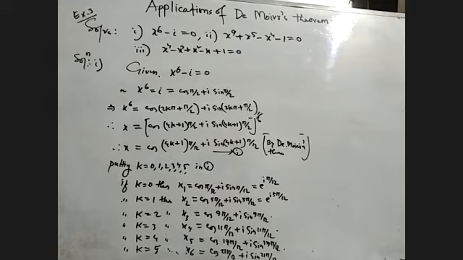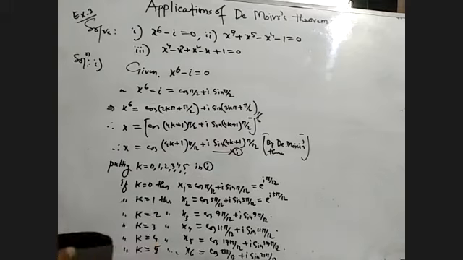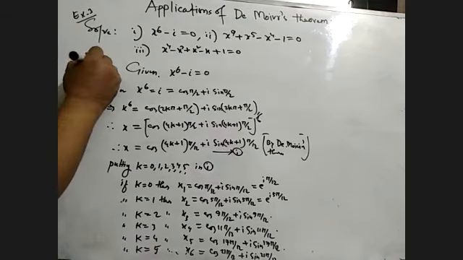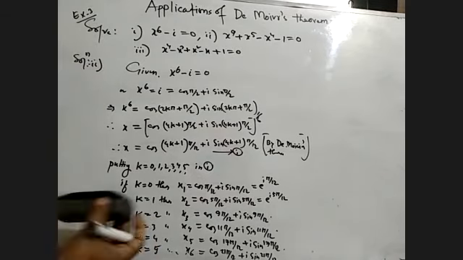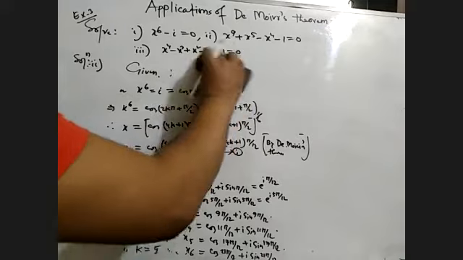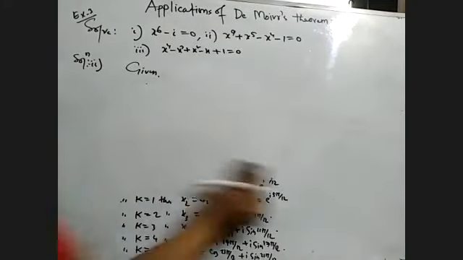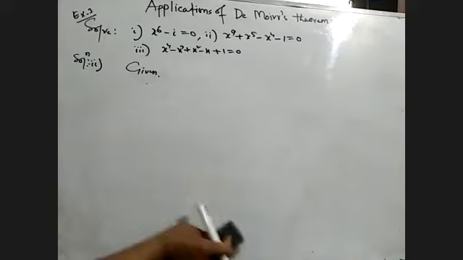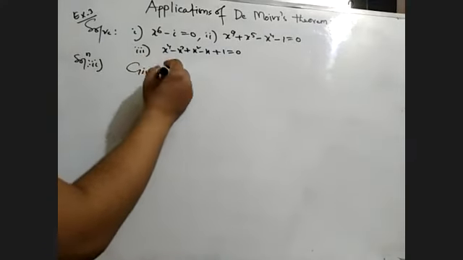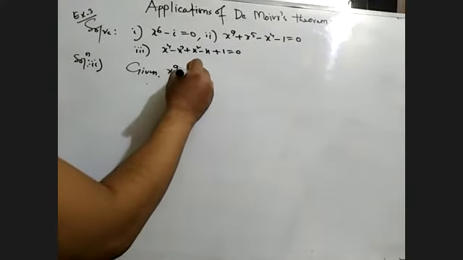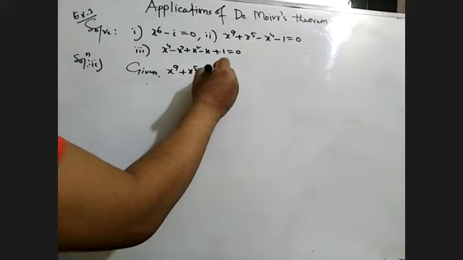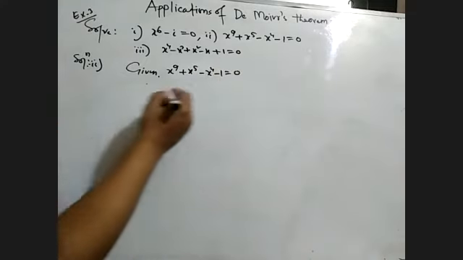Okay, now another one, the second one. For the second one, we are given x to the power 9 plus x to the power 5 minus x to the power 4 equals 0.